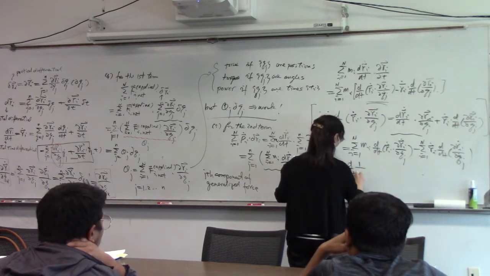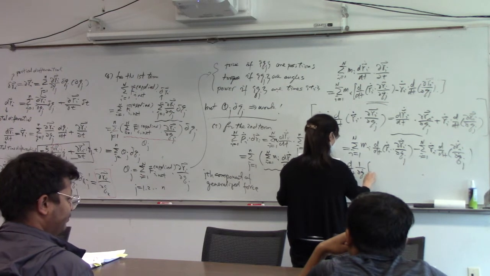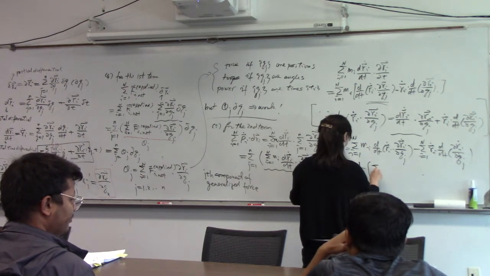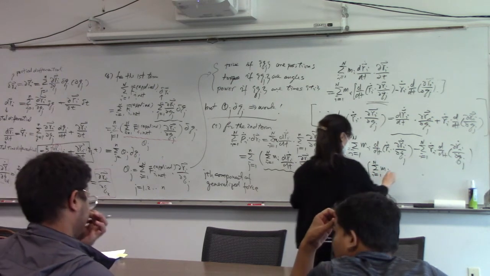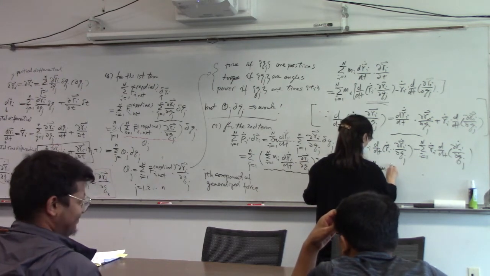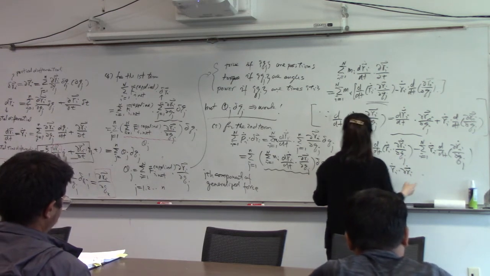So 1 over partial qj dot, and the remaining inside is the summation over I from 1 to n of mi ri dot, partial ri dot, right? The first term.